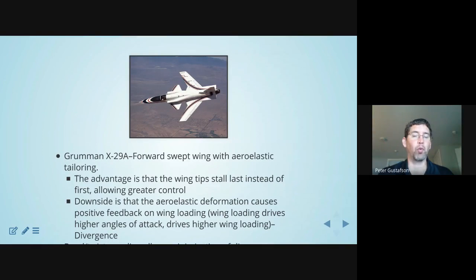It was a forward swept wing with aeroelastic tailoring. You probably remember from some past discussions in this class that when you have a forward swept wing, it has the tendency to be a divergent wing, which can lead to a catastrophic failure. But this particular aircraft was designed with aeroelastic tailoring so that as the wing bent, it had a relative pitch down of the leading edge in order to prevent or decrease the likelihood of wing divergence.